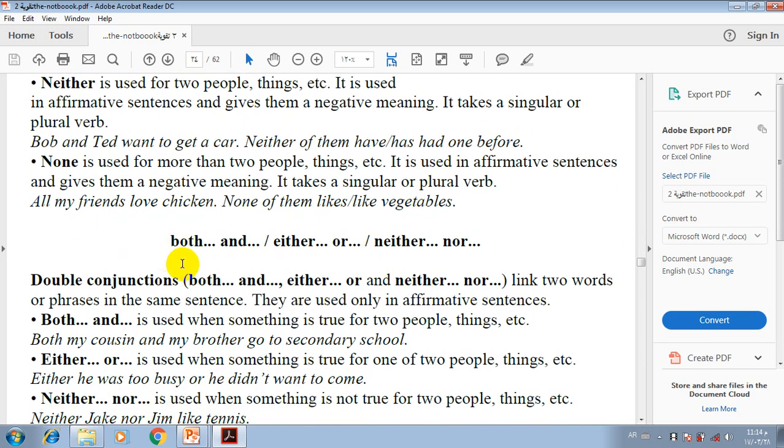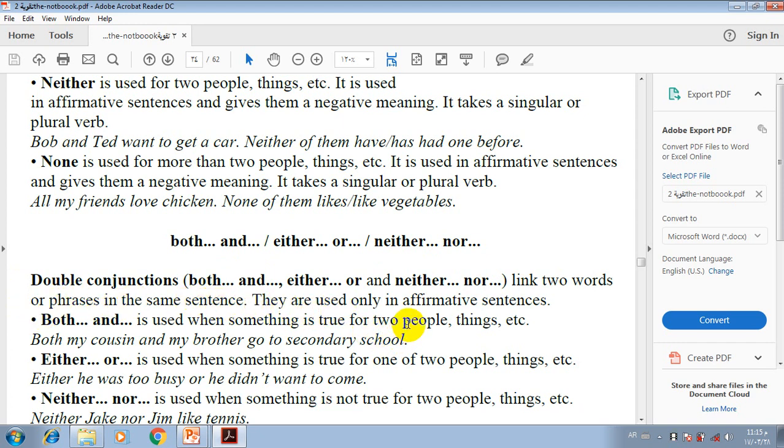We can also use both and, either or, neither nor. Like you see, double conjunctions both and, either or, and neither nor link two words or phrases in the same sentence.